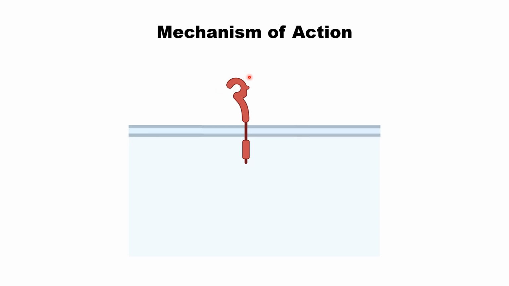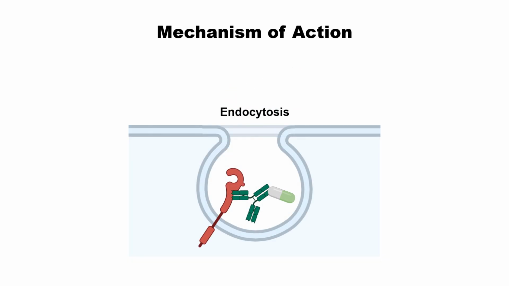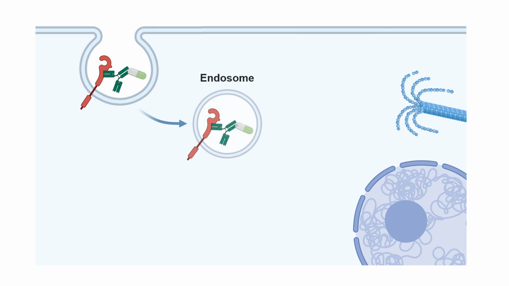If this receptor protein is a cancer cell selective antigen, then the antibody conjugated with a drug compound can bind to this receptor. And then this complex molecule can be internalized through endocytosis. Once inside the cell, this can form an endosome, and the drug molecule can be released from the antibody by linker cleavage.